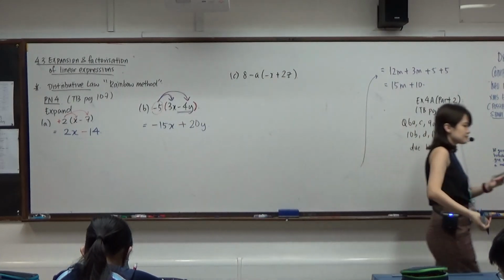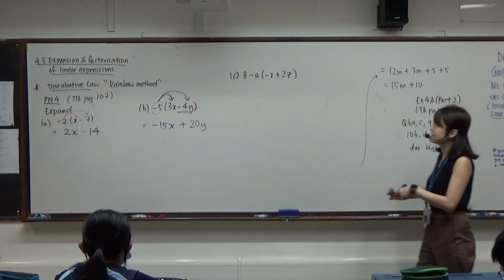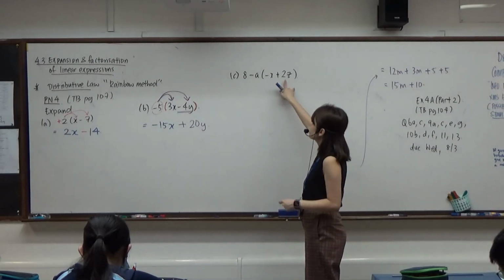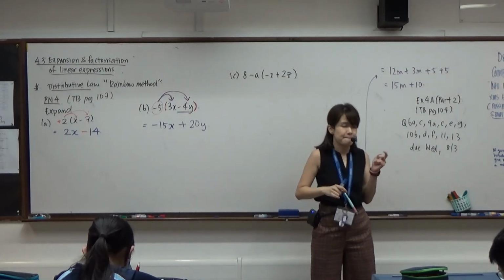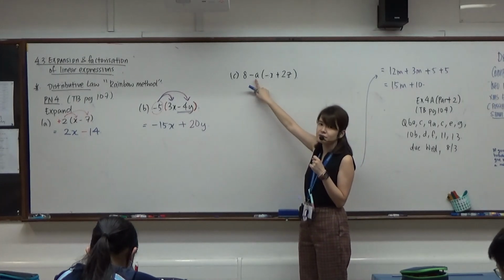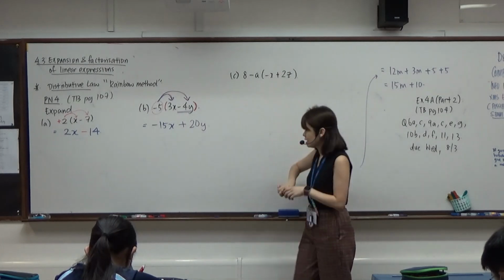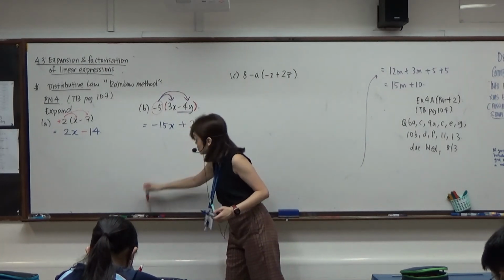Next, part C. We have 8 minus a bracket negative x plus 2z. Now what is in front of the bracket? Immediately in front of the bracket is actually a negative a.